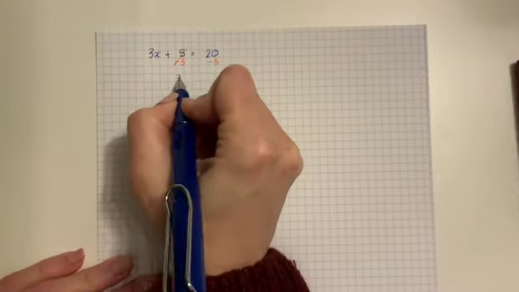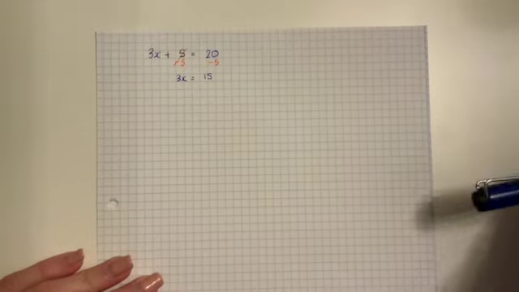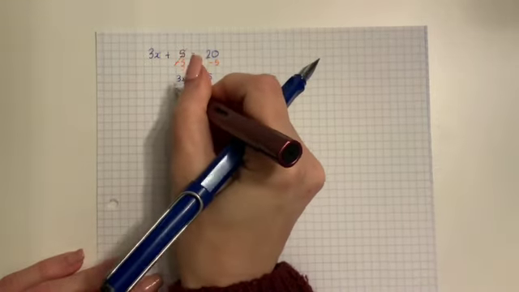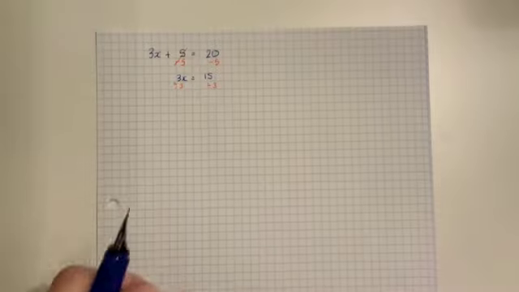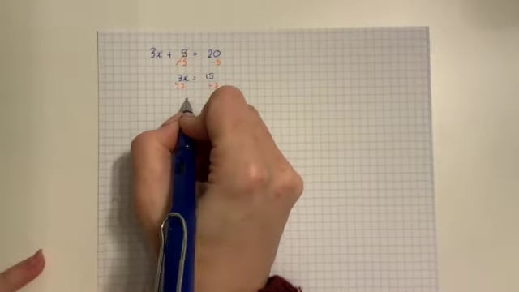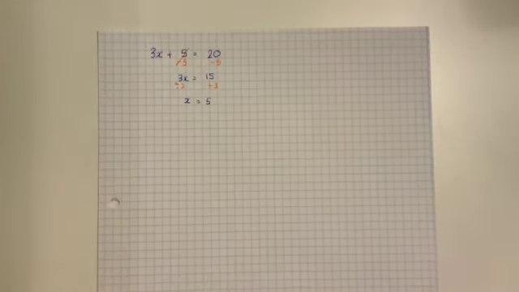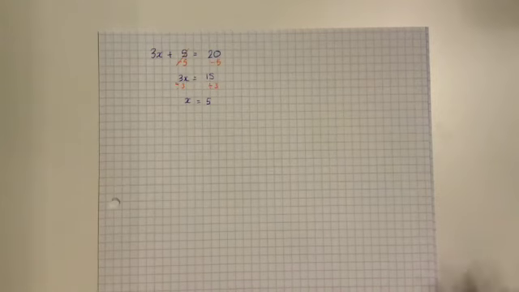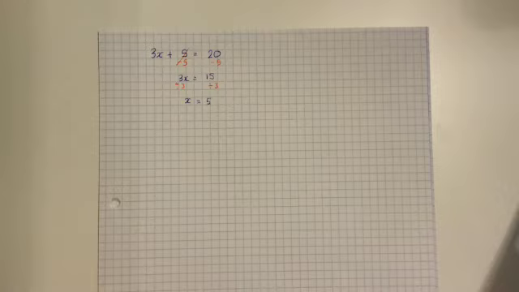So you've got 3x equals 15. And then you would divide by 3 to get x on its own. So x equals 5. The only difference with these is that we're not going to get a numerical answer like this.